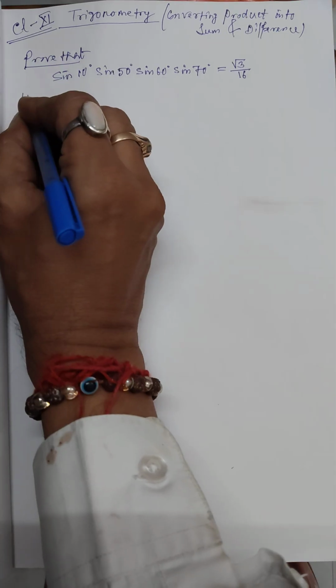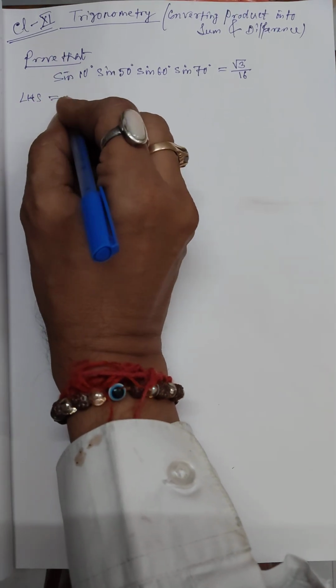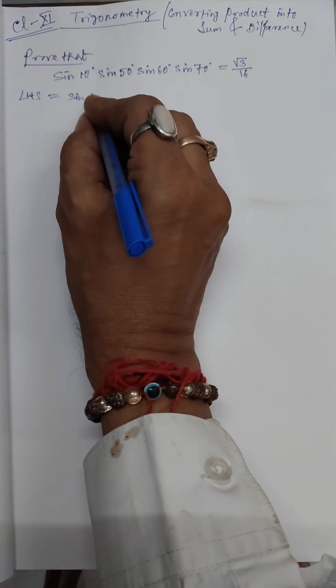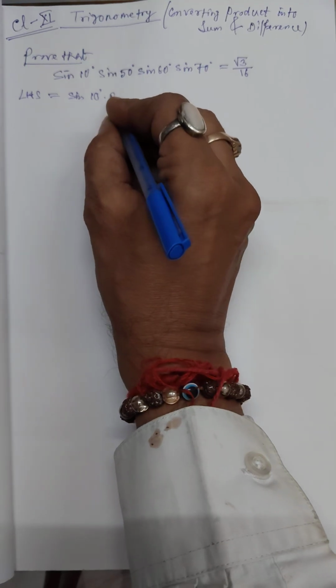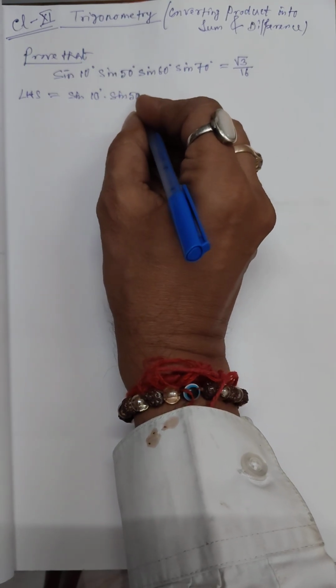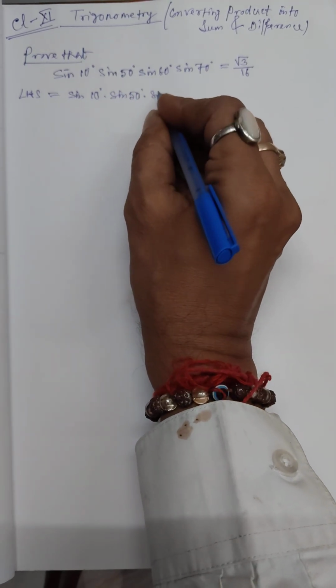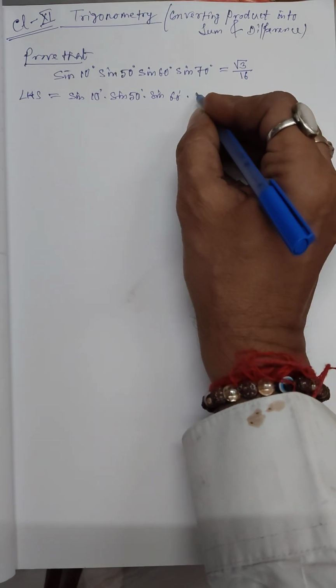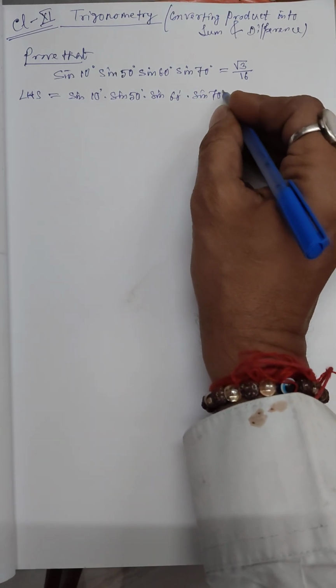Now, left hand side is equal to sine 10 degree into sine 50 degree into sine 60 degree into sine 70 degree.